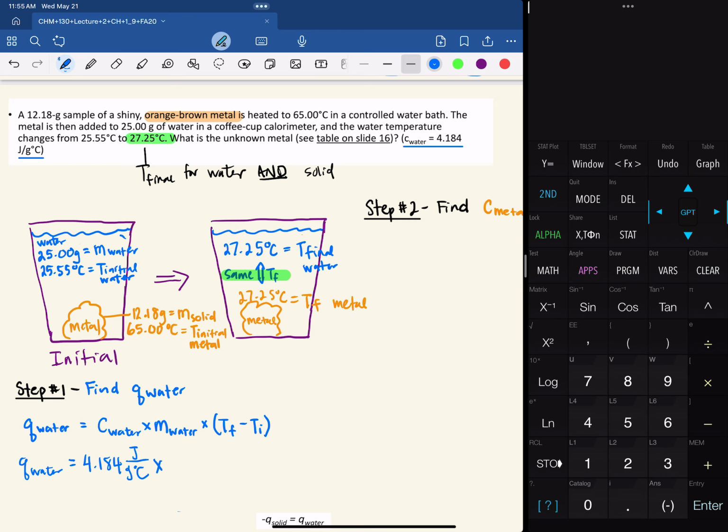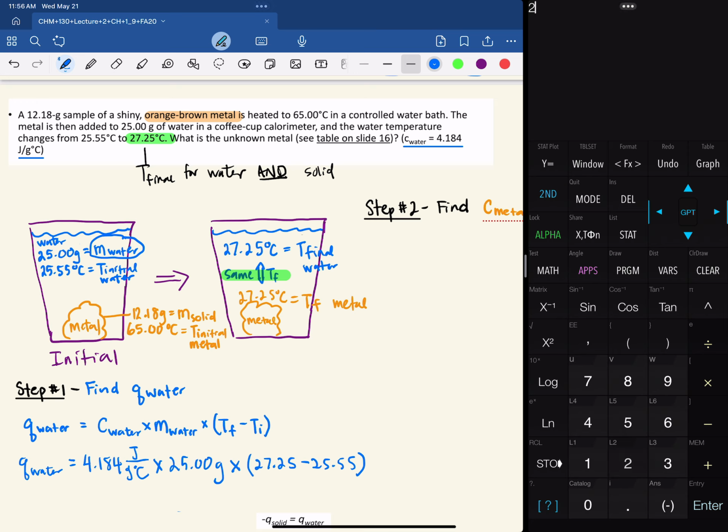The mass of the water is here. It is 25.00 grams times. Now, we're going to go ahead and calculate T final, which is 27.25. Subtract the initial, which is 25.55, both for the water.